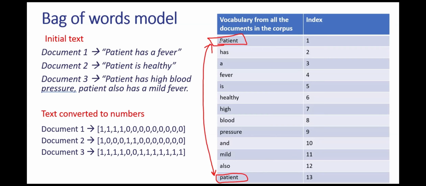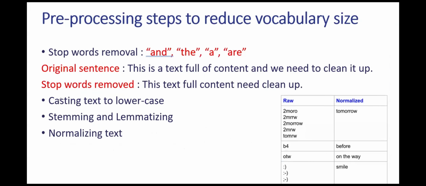The only difference over here is that over here the P is capitalized. Over here the P is all lowercase. And that's it. That's the only difference between the two. So something that we can do is we can make sure that we can cast our text to all lowercase, and this can also reduce the overall vocabulary over here. And it can also reduce the amount of duplication in the vocabulary.